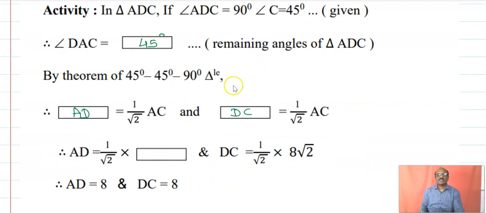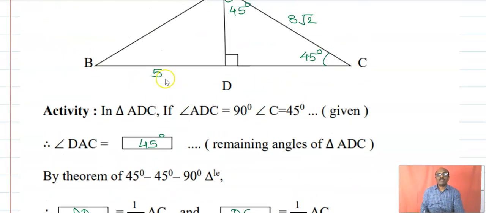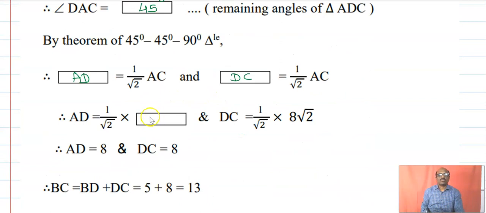This is DC and this is AD. What is the value of AC? AC is 8 root 2, as given. Here root 2 cancels. And DC is equal to 1 upon root 2 into 8 root 2, and root 2 gets cancelled. AD is equal to 8 and DC is also equal to 8.